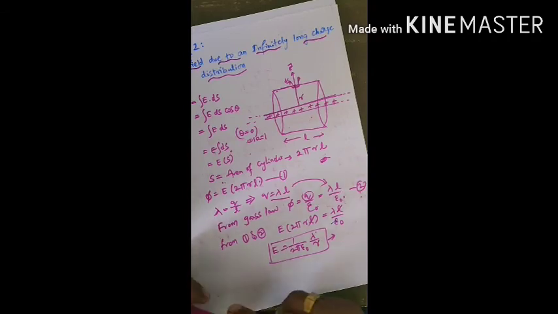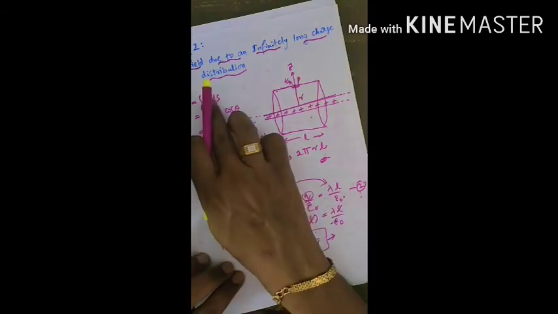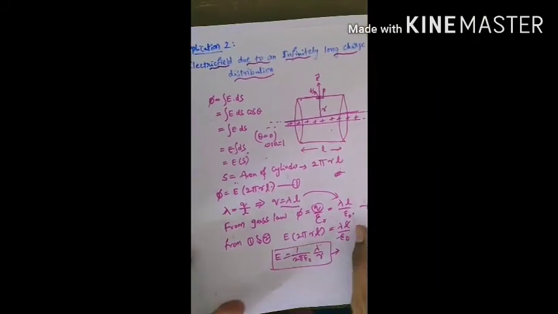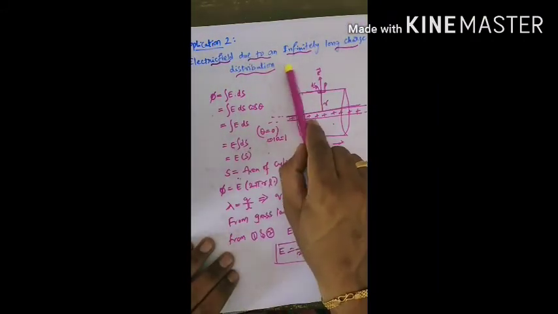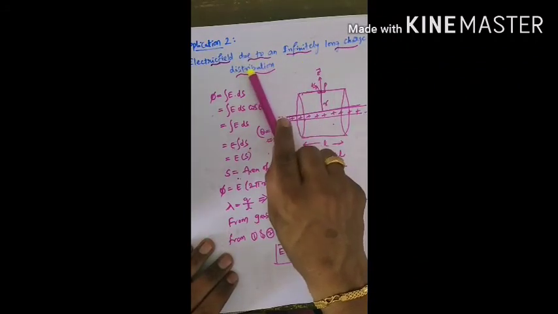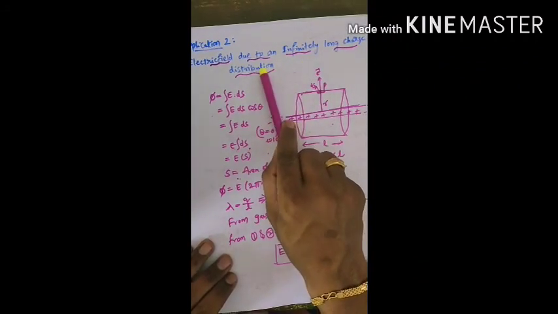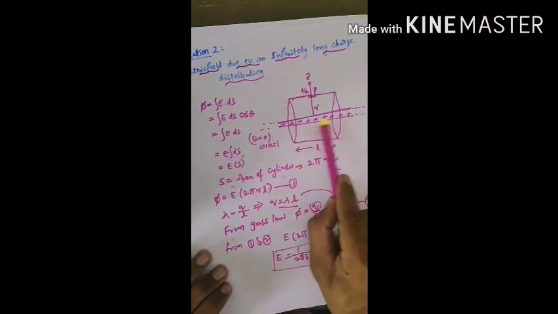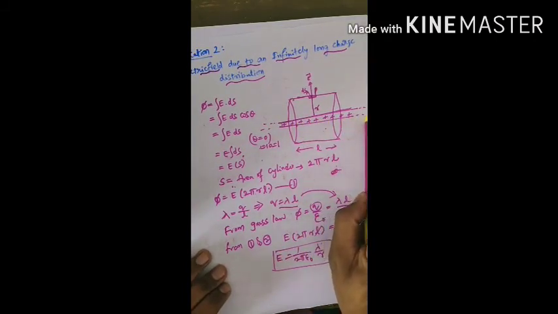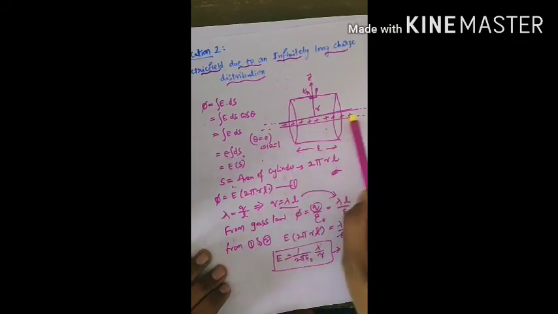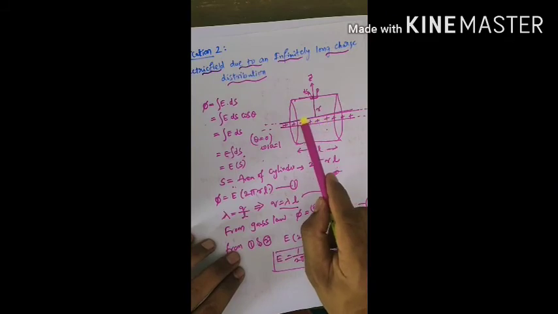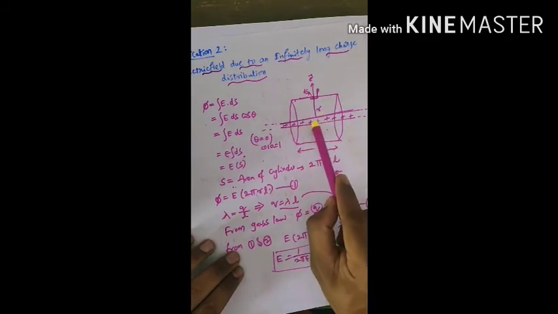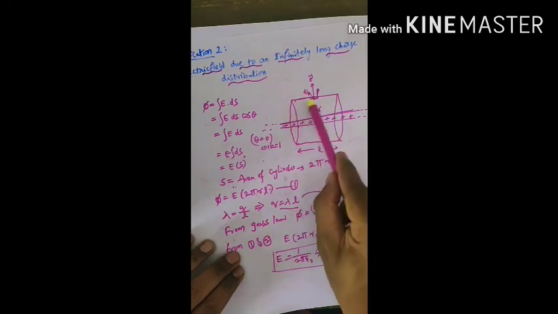So once again, see what we have discussed. This is the second application of Gauss law, that is electric field due to an infinitely long charge distribution. Consider this is an infinitely long charge, a cable or a distribution of long charge. Here we have to find the electric field near this long charge distribution.